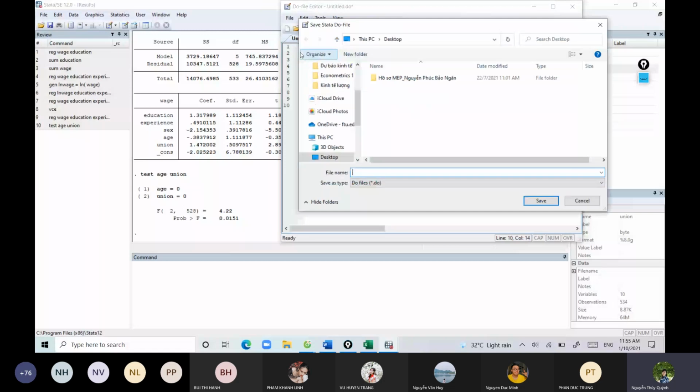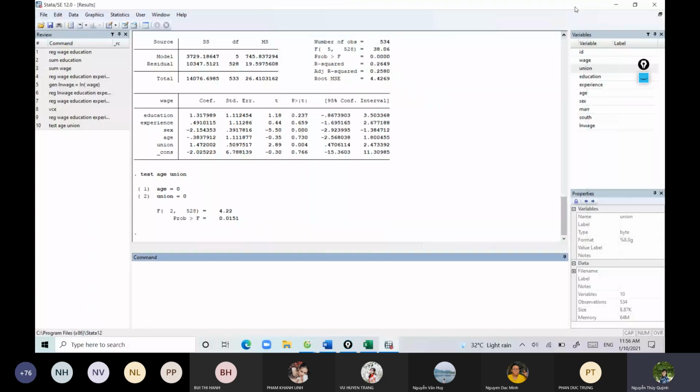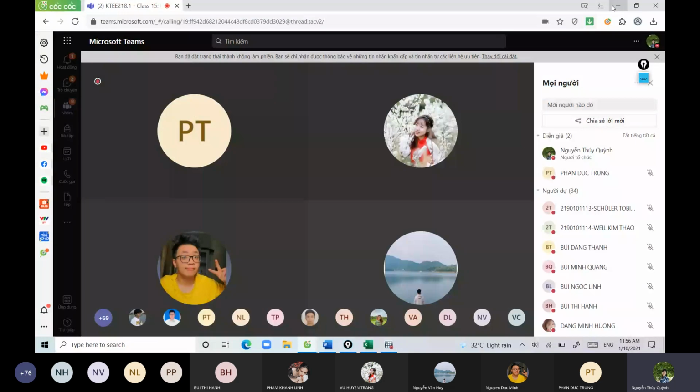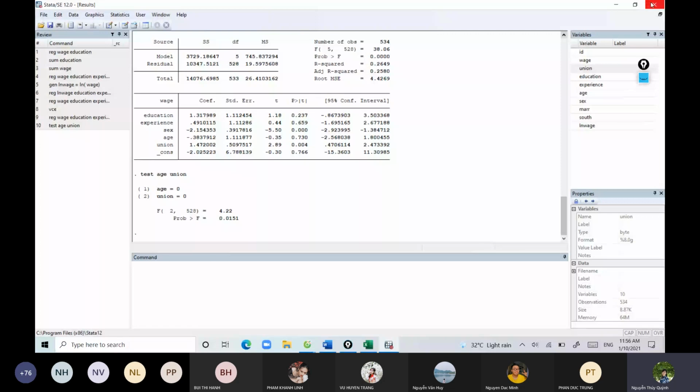For example, I name it exercise 7. Now I will close it. Oh, wait, I have to correct it a little bit. I will show you later. Now I will close data and everything will disappear.